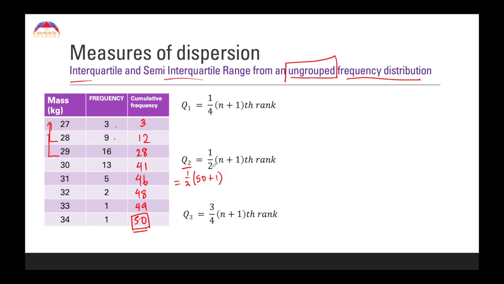And remember, this is not actually giving me the median. This is just giving me the rank that the median is in. Right? So a half of 50 plus 1 is a half of 51. So 51 divided by 2 gives me 25.5.